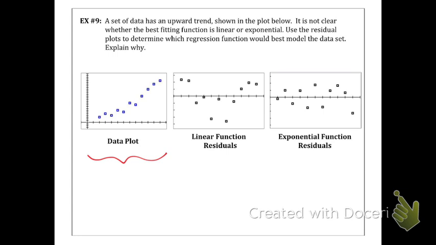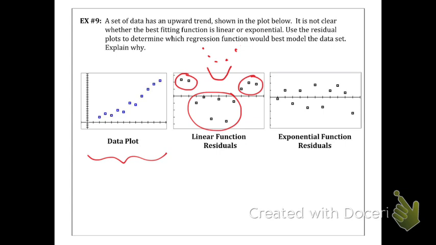There's one below, one above, one below, one above, one below, one above, one below, three above, and then one below the x-axis. But here I kind of see where like these two are kind of together. These are all kind of below, and then over here we're above. So it's not a true quadratic shape, but they're kind of a little bit in a pattern of a quadratic there, okay?